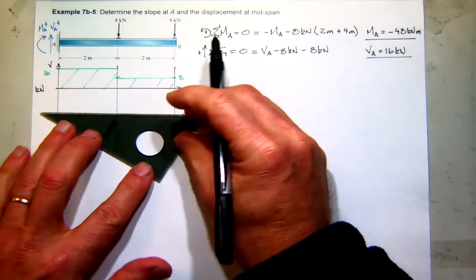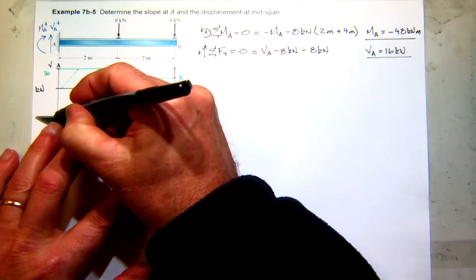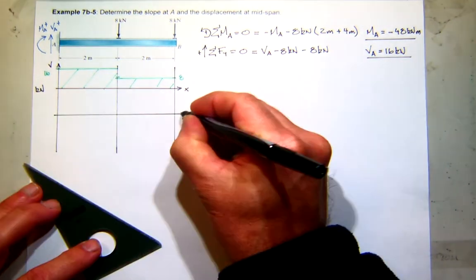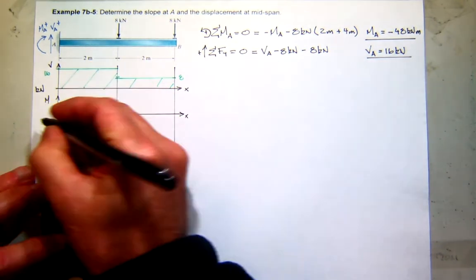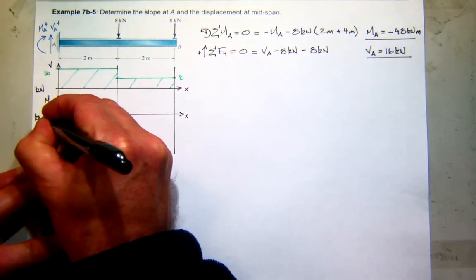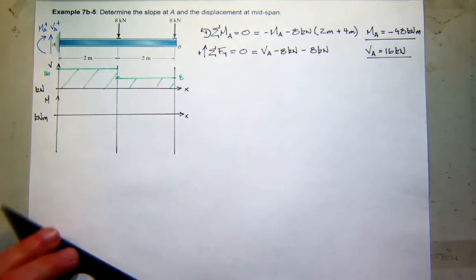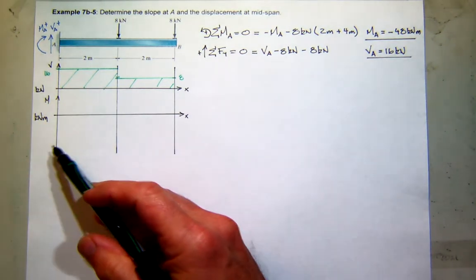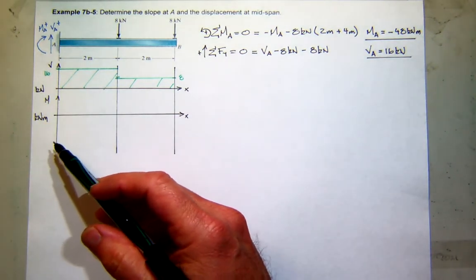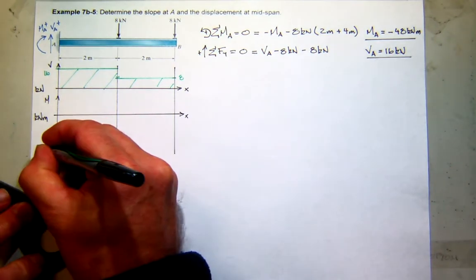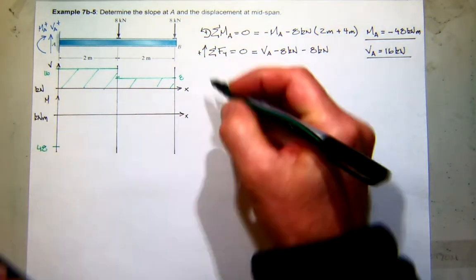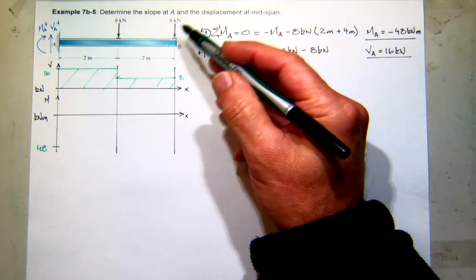Now we'll draw our moment diagram. So there's my positive x-axis, positive moment. These will all be kilonewton meters. So what is the bending moment at A? Negative 48. What's the bending moment at this free end?